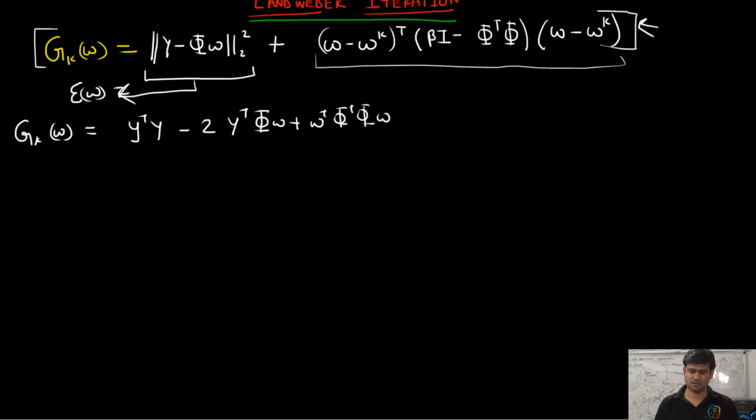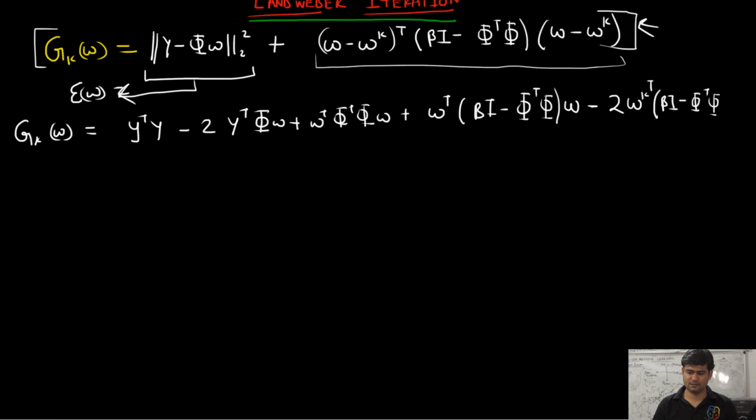Now we'll expand this term, so this would become w transpose beta I minus phi transpose phi times w minus twice of wk transpose times beta I minus phi transpose phi times w plus wk transpose times beta I minus phi transpose phi times wk.